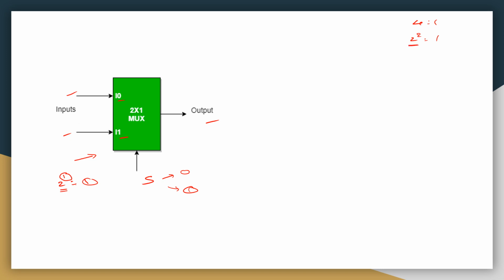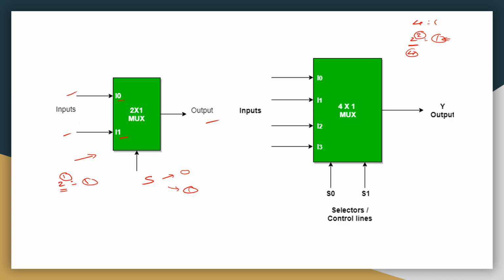The number of inputs is 2 power 2, that means 4, the number of outputs is 1, and the number of selection lines is 2. The inputs are I0, I1, I2, I3, and the output is Y. The 2 selection lines are S0, S1.